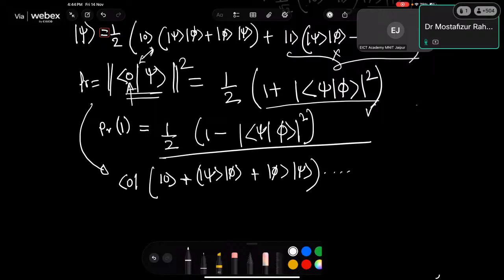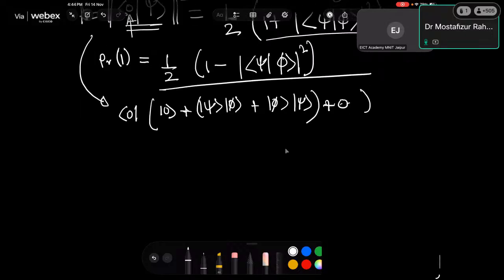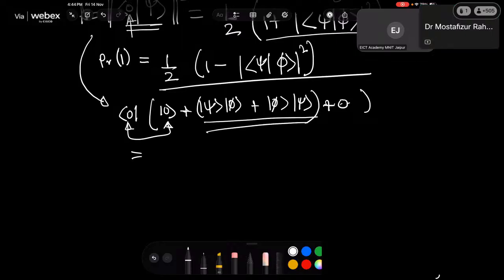I'm not writing the second part because ultimately that will come as 0 times 1, which means 0. Then this 0 times 0 will become 1, and I just need to calculate this part and then take the square of it to calculate the probability. What are the terms coming?